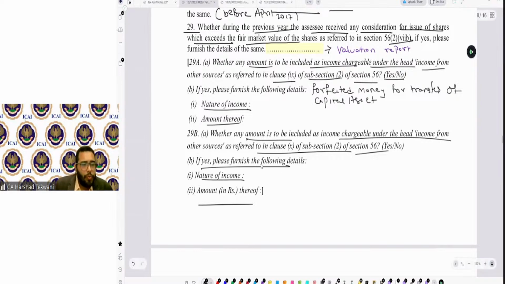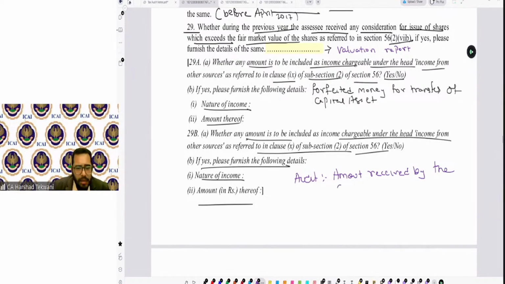Accordingly, we need to verify in both of the cases the amount received by the assessee. Basically, in this case, it will be shown as an advance received, and it may not be transferred to the profit and loss account.